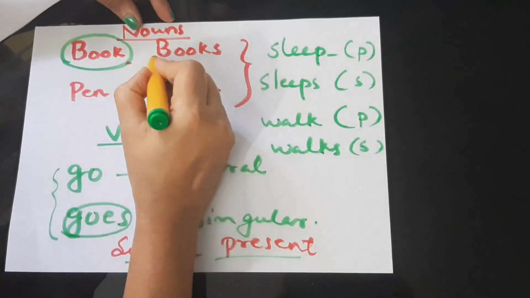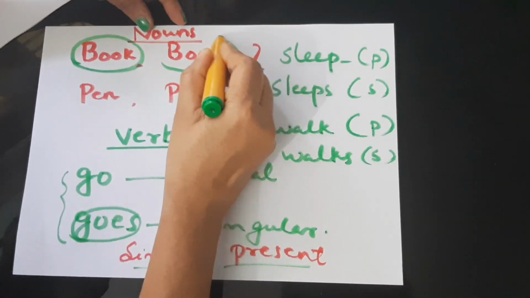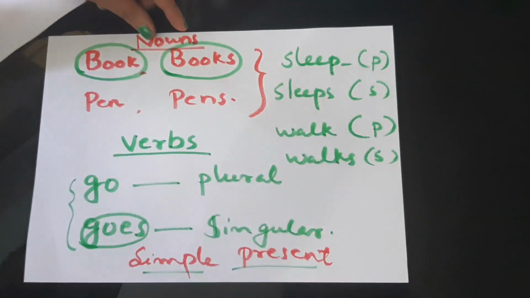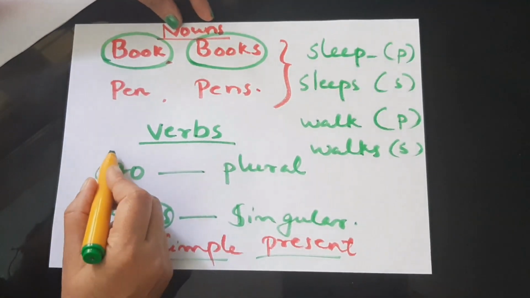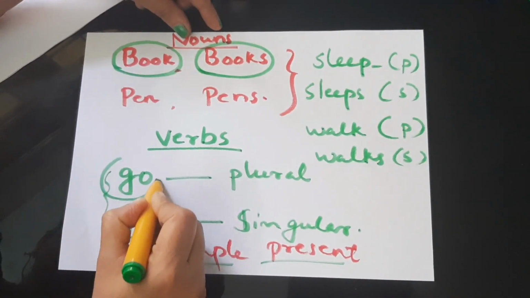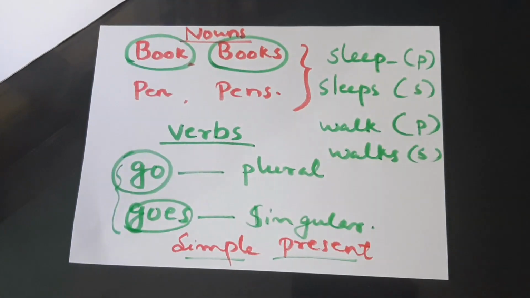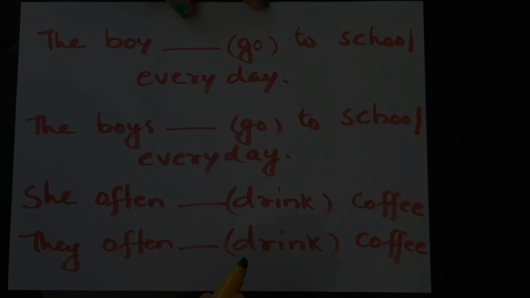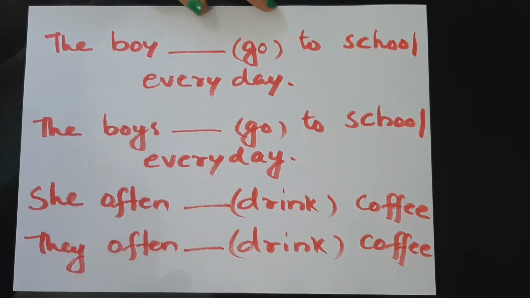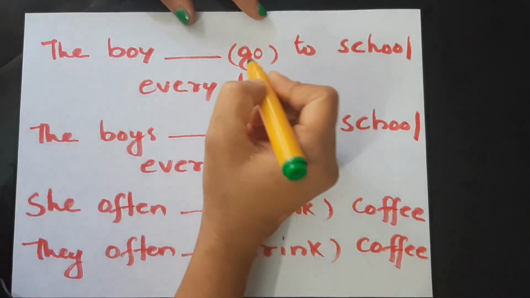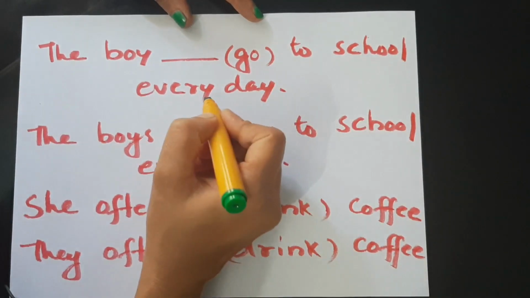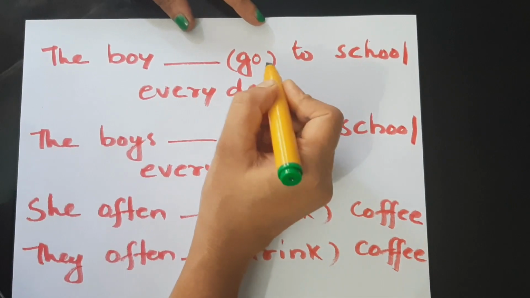When the subject is plural, the verb also we should take its plural form. Consider these examples. The boy go to school every day. Go is the verb given here in the bracket.